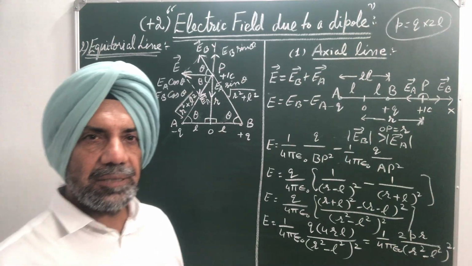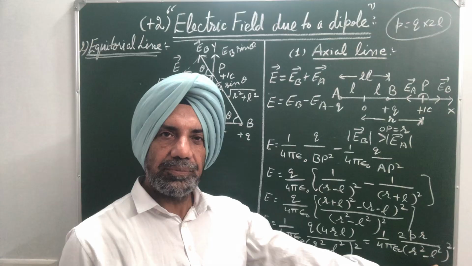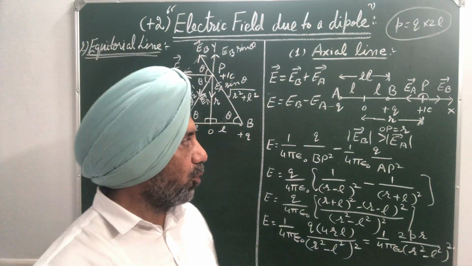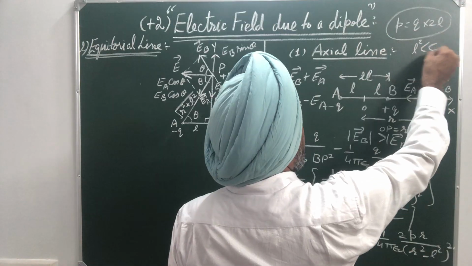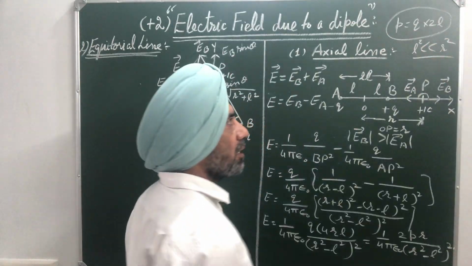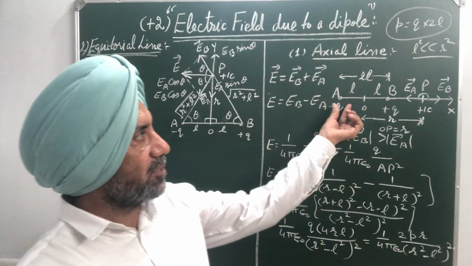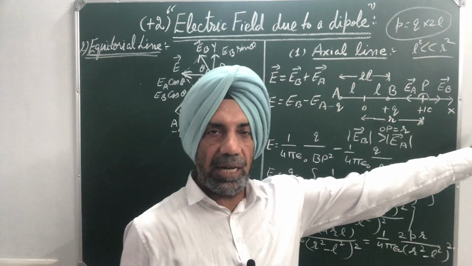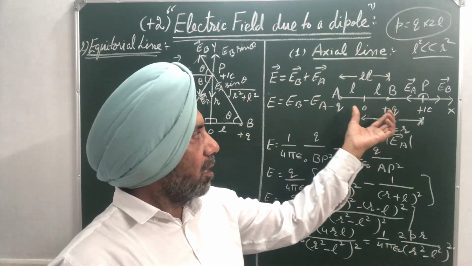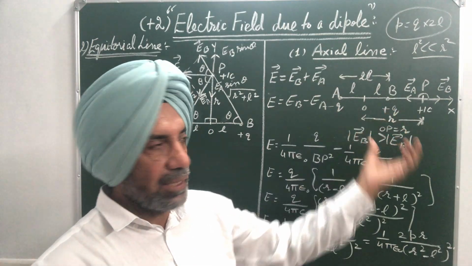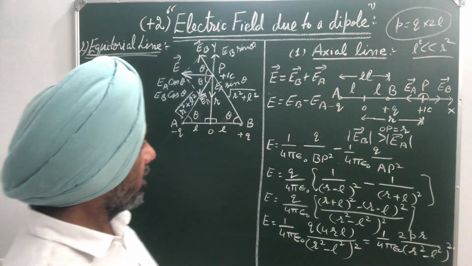So for a short dipole, L square is less than R square. That is, L is very small when the point is far away from the center of the dipole, so the dipole has a very short length. Then L square can be neglected as compared to R square.